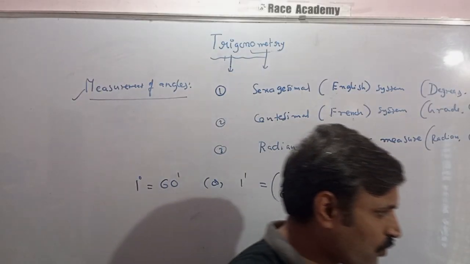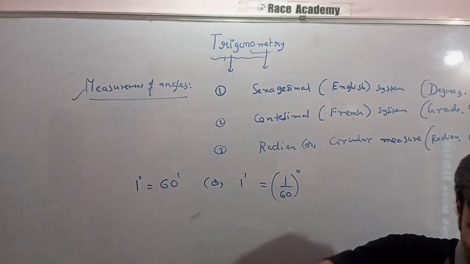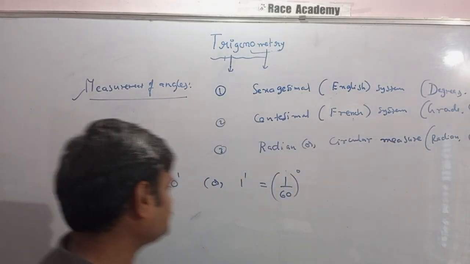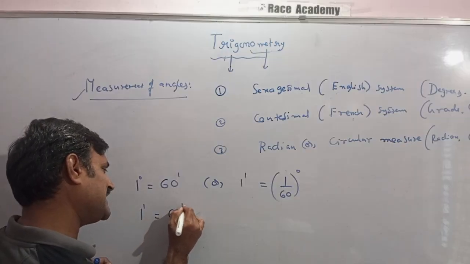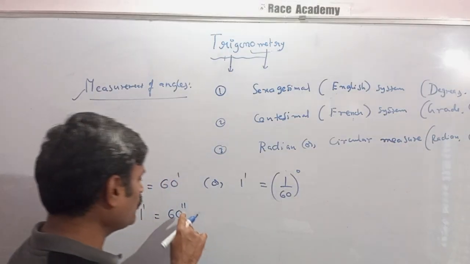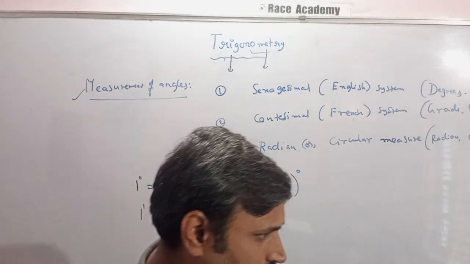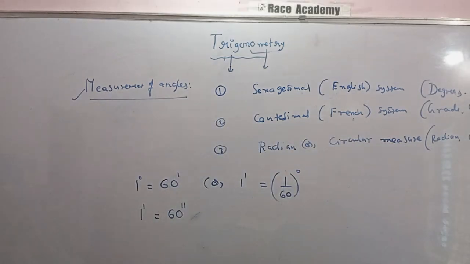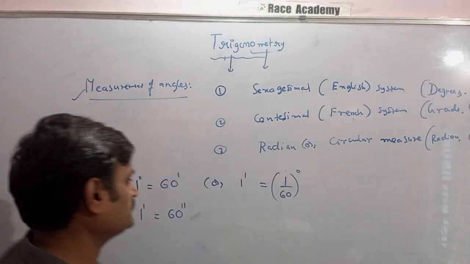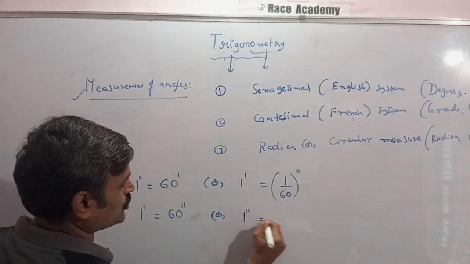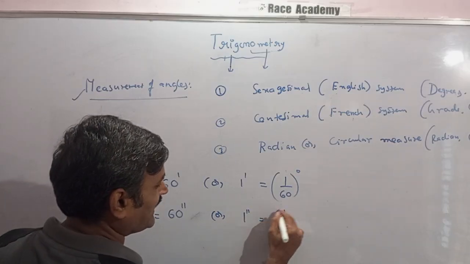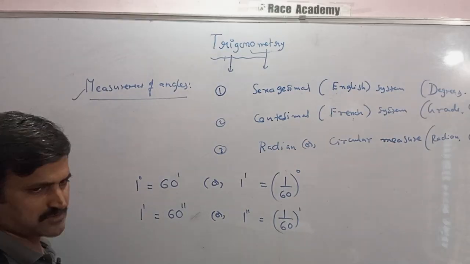Whereas 1 minute is equal to 60 seconds. Two lines you will write like this. Or 1 second is equal to 1 by 60 minutes.